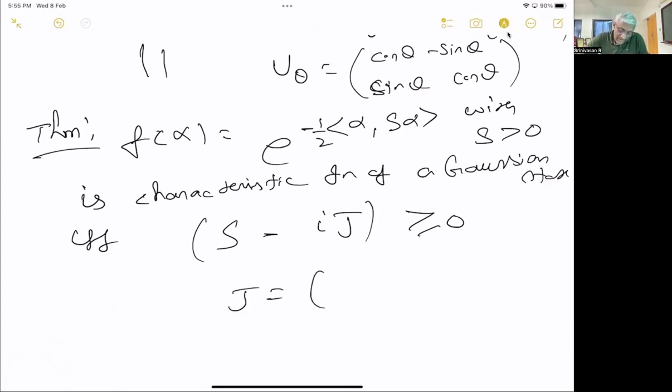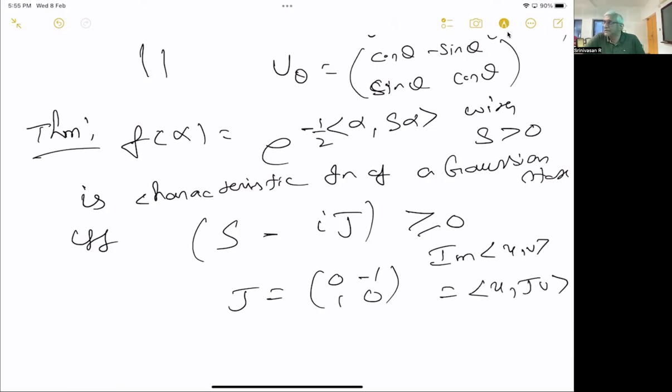We define J equal to the matrix with 0, minus 1, 1, 0. J comes in many places. We know that the imaginary part of u, v is equal to u, Jv. That is the importance of J.